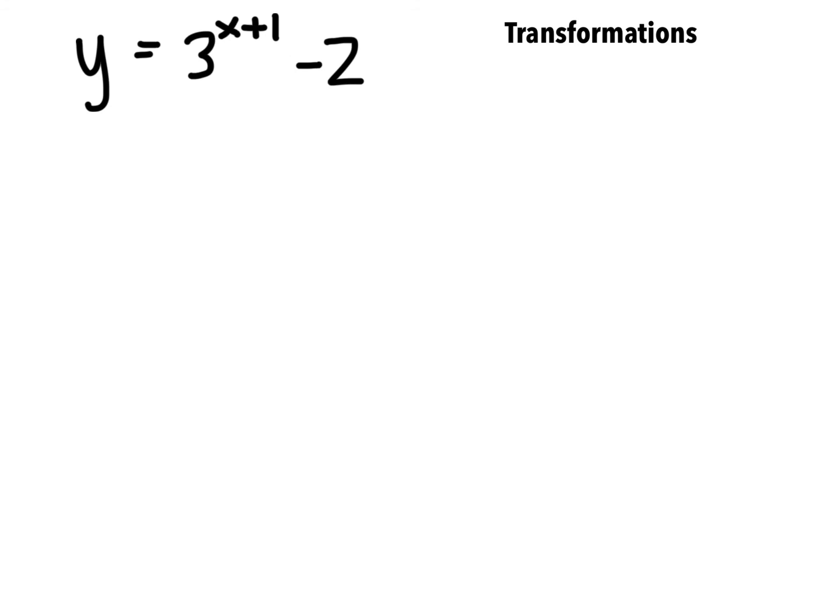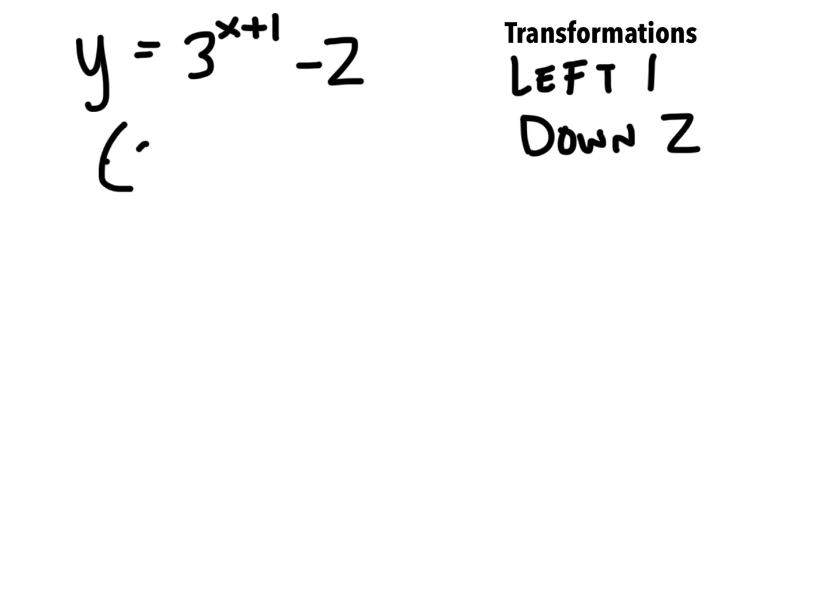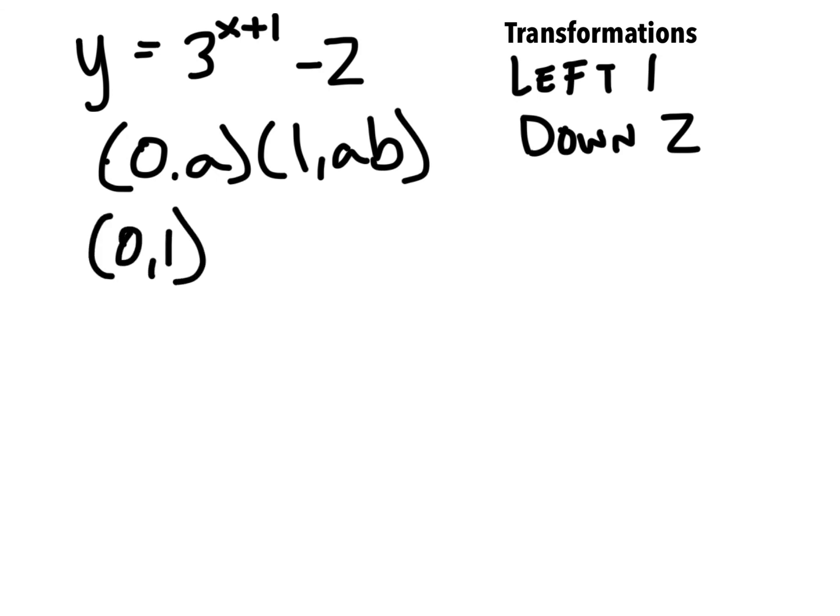So this function's only transformations are that this plus 1 means that we go left 1 and down 2, which will also shift our asymptote. If I'm plotting (0, a) and (1, ab), well, a was 1, so (0, 1) and (1, b), which is (1, 3).